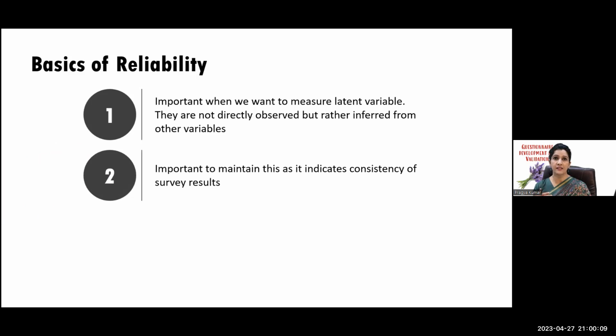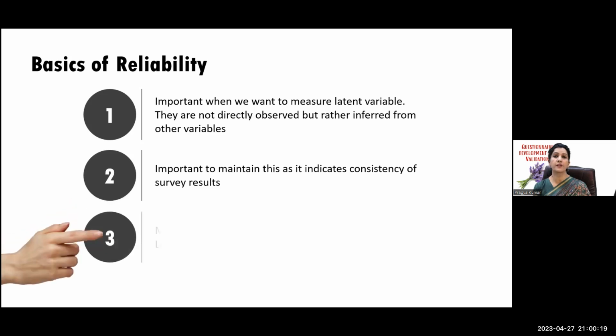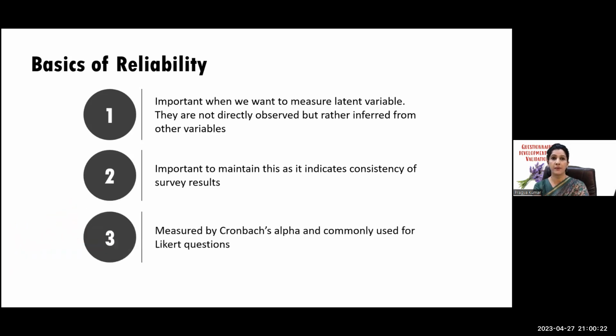The second is, it is very important because it measures the reliability of your scale and the consistency of your survey or your research. And it is measured by the Cronbach alpha. Cronbach alpha is most commonly done for Likert type questions.